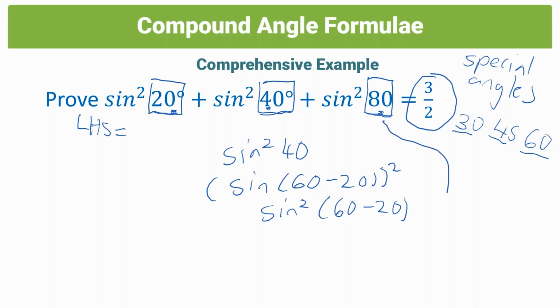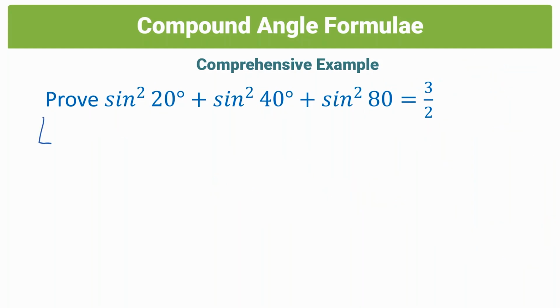And we'll do the same thing for sin²80. We can rewrite it as 60 plus 20, so it will be sin(60+20) all squared, or sin²(60+20). So that's how we're going to rewrite these to solve this question.